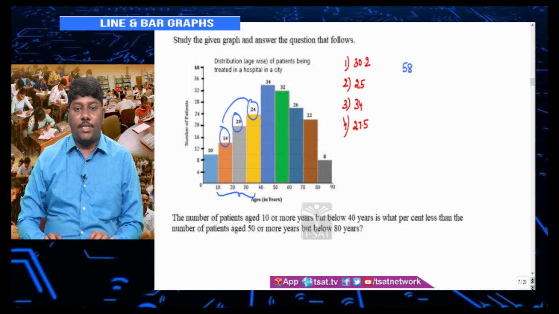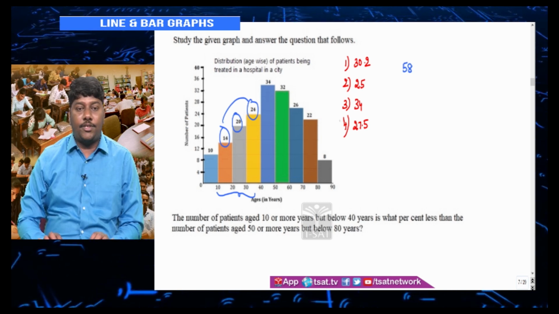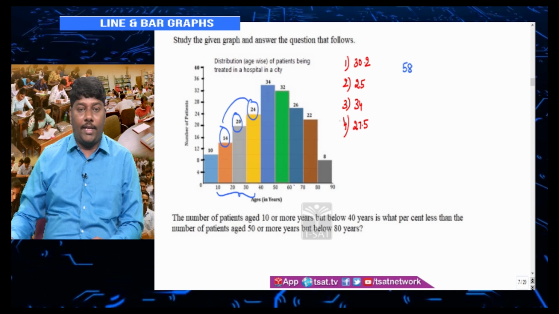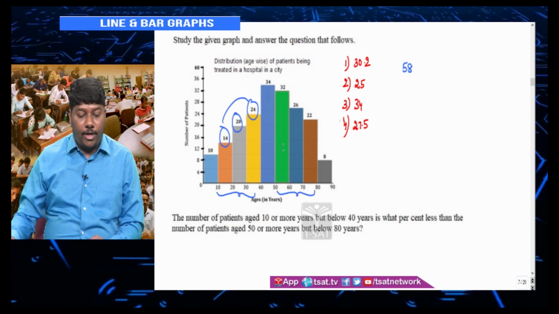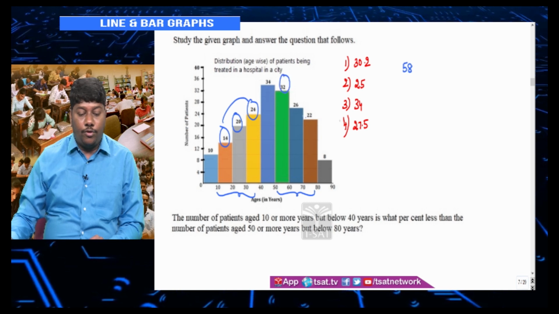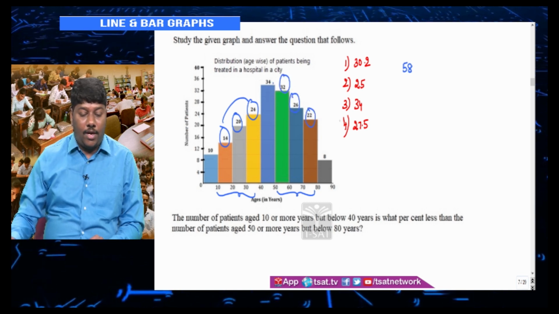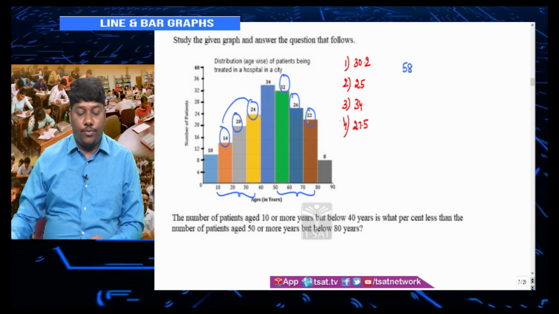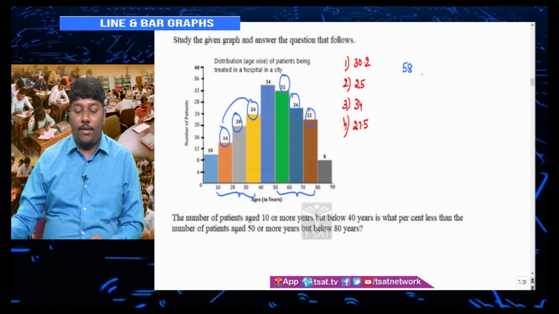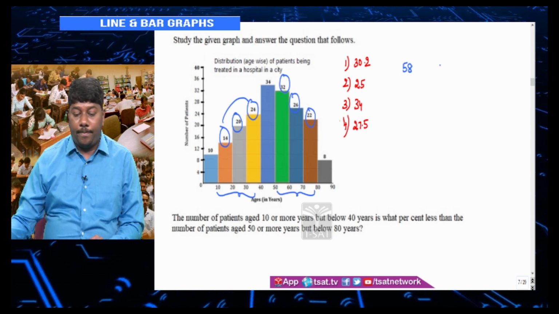Percentage less means percentage decrease than the number of patients aged 50 or more but less than 80. So, 50 to 80 he is asking you. 50 to 80, if you look at 32, 26, 22. I would say 2 plus 6 plus 2, 10, 3 plus 2 plus 2, 70 plus 10, it's 80.